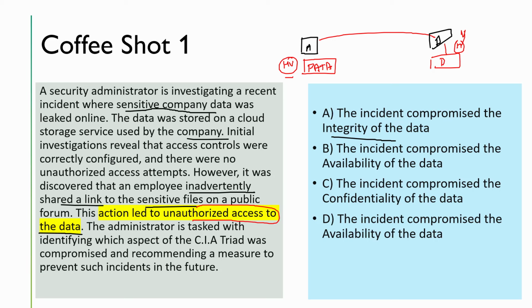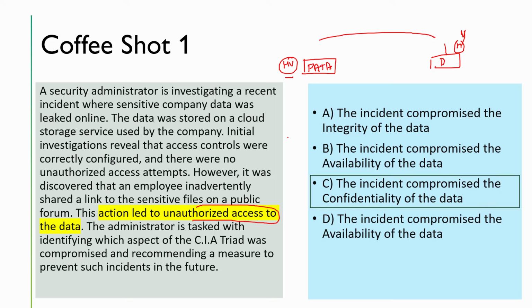So the only correct option here is C, for Charlie, because the biggest concern we discovered is that they were able to access the file for which they are not authorized. Confidentiality ensures the data is only available to the respective users. How? Let's take an example.